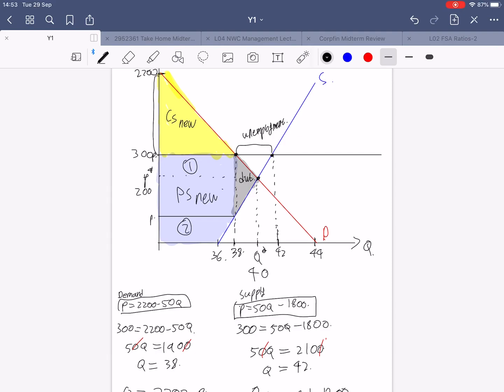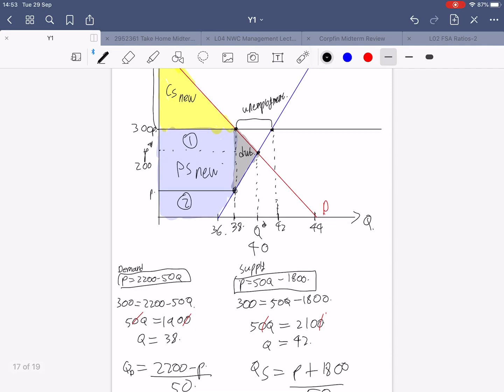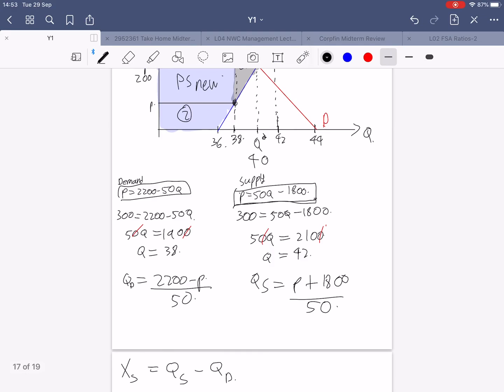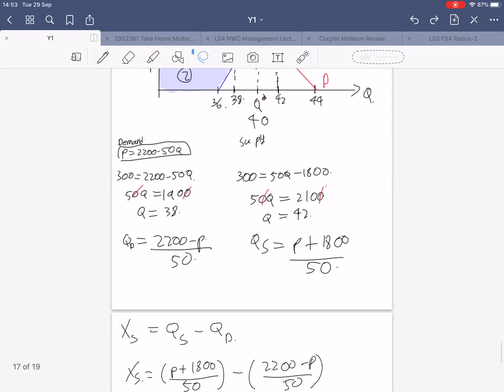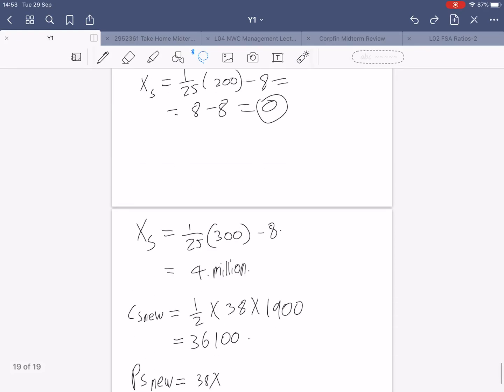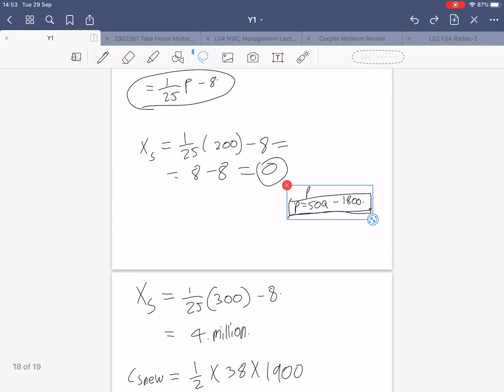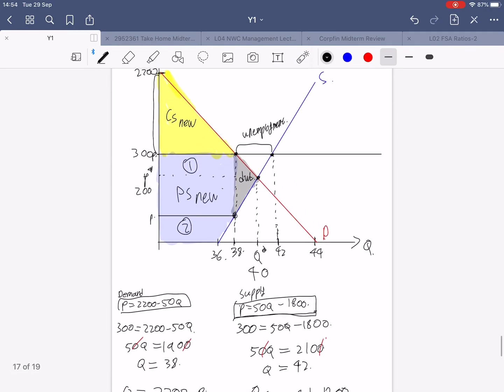As it is from the quantity of 38, we can put it into the supply curve.